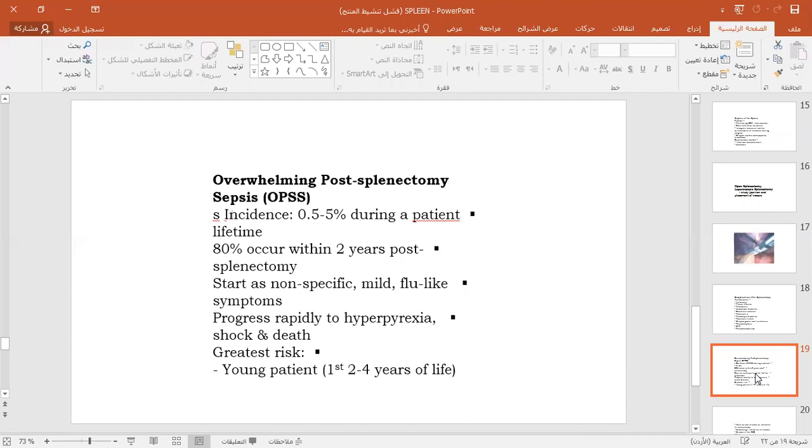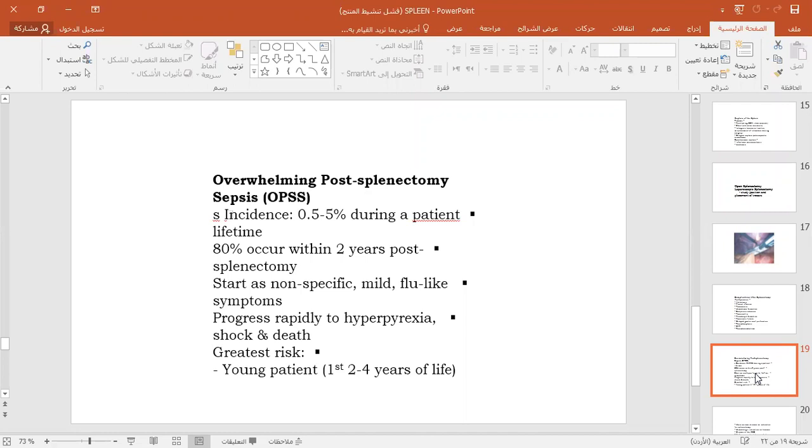The greatest risk is in young patients, children in the first 2 to 4 years of life. It usually occurs close to the splenectomy, within 2 years, but the risk of sepsis can occur lifetime after splenectomy.